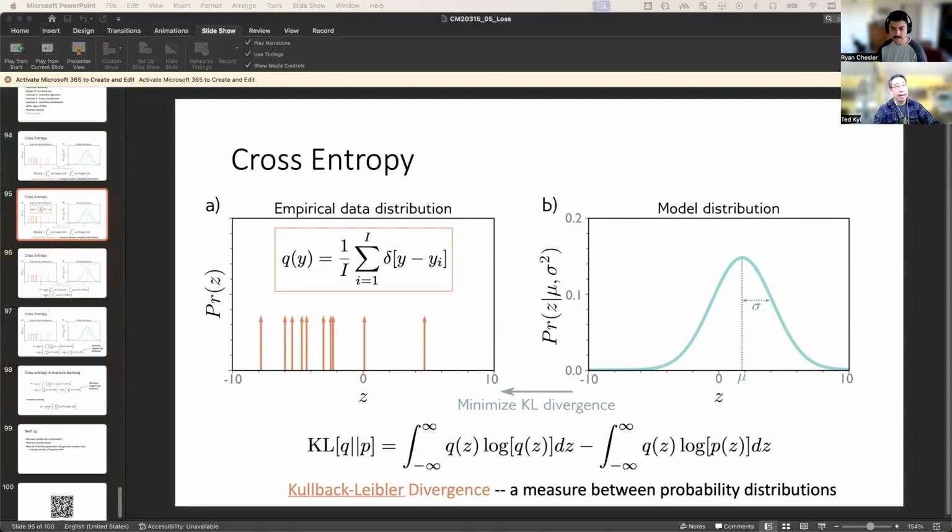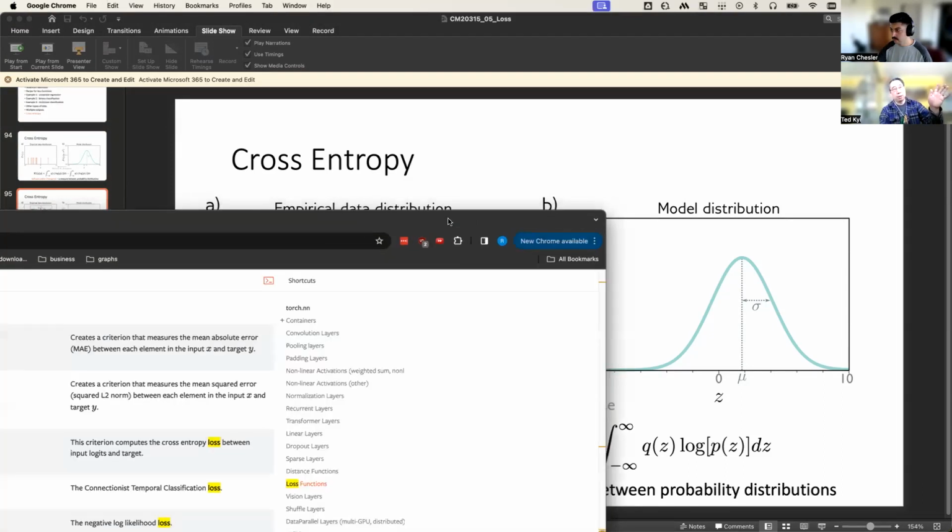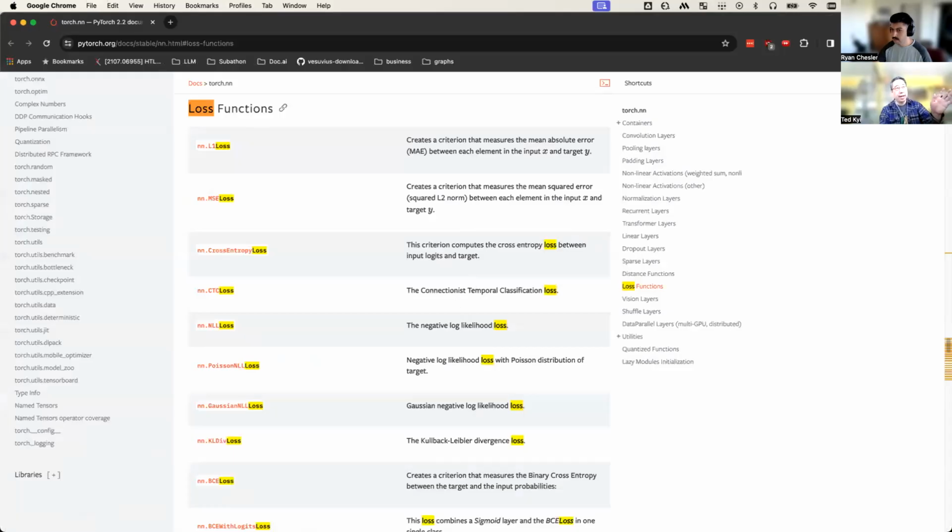I'll add to that. Hopefully the takeaway you got from this chapter, even if you didn't follow the equations and the technical details, is that you're trying to pick a natural prior of how you think your data is distributed. And that's where the loss function comes in.